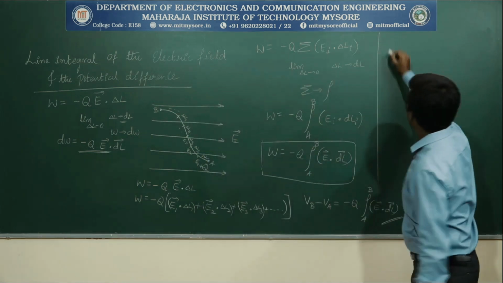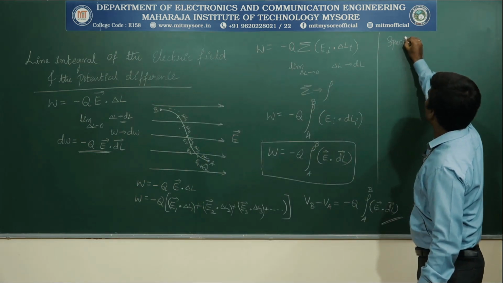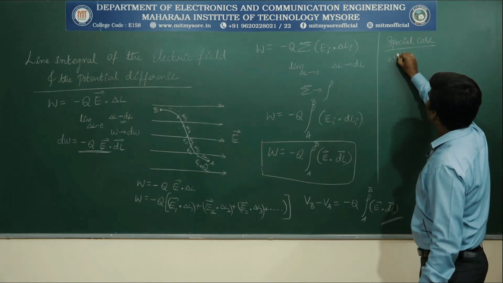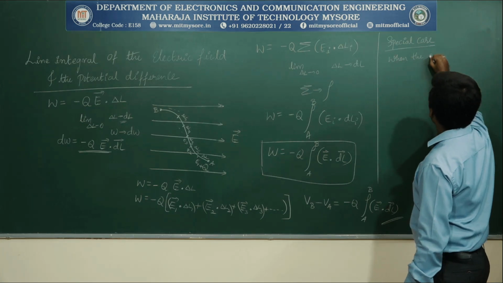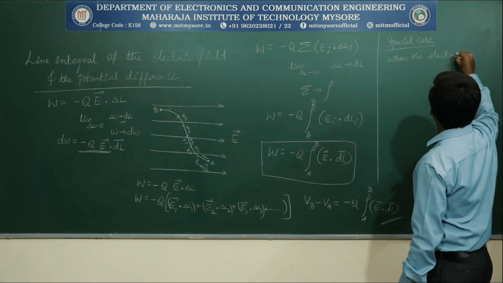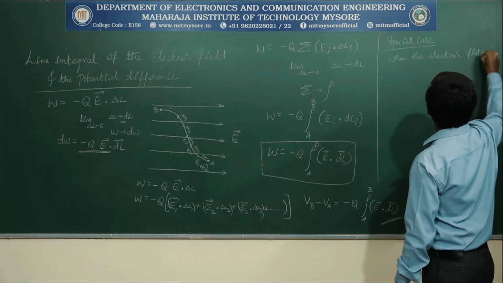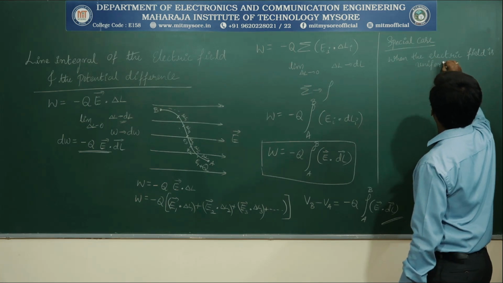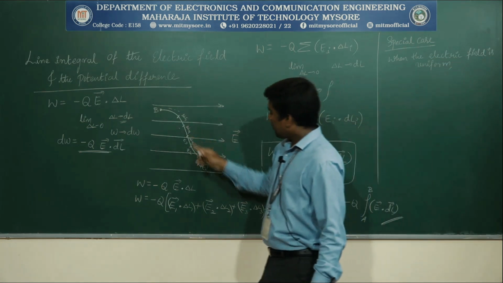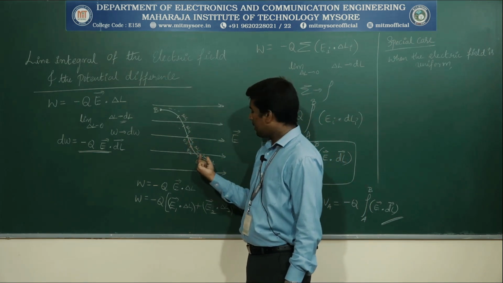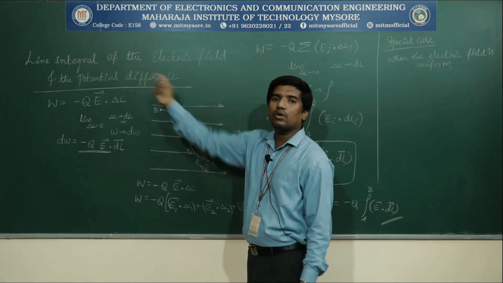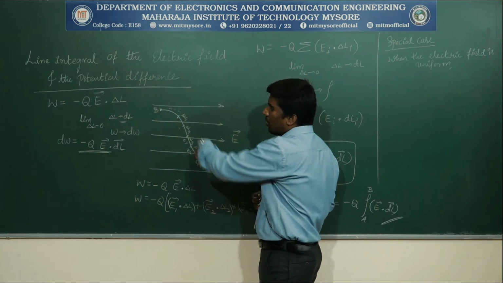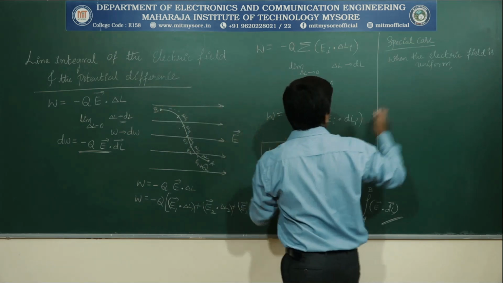Then coming to the special case. What is that special case? When the electric field is uniform. Look at this diagram. For each and every segment the electric field is taken as E1, E2, E3 and so on, right? Now the electric field is constant throughout the segment, therefore E is a constant term.